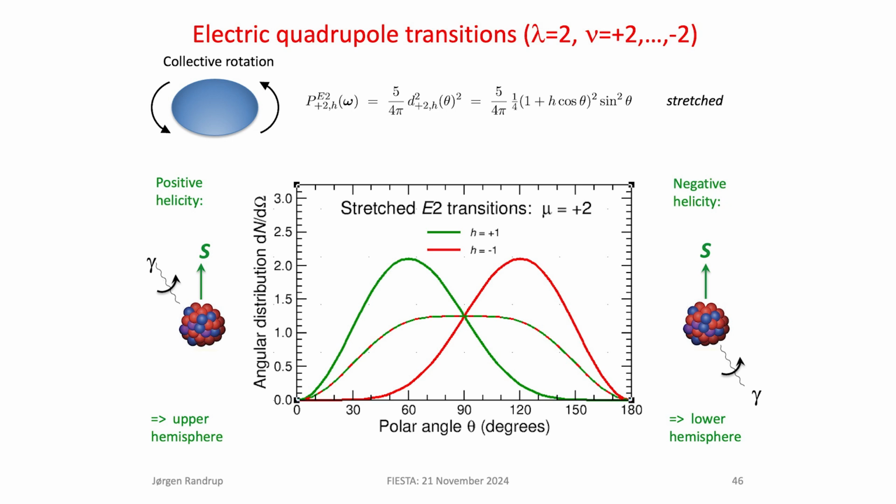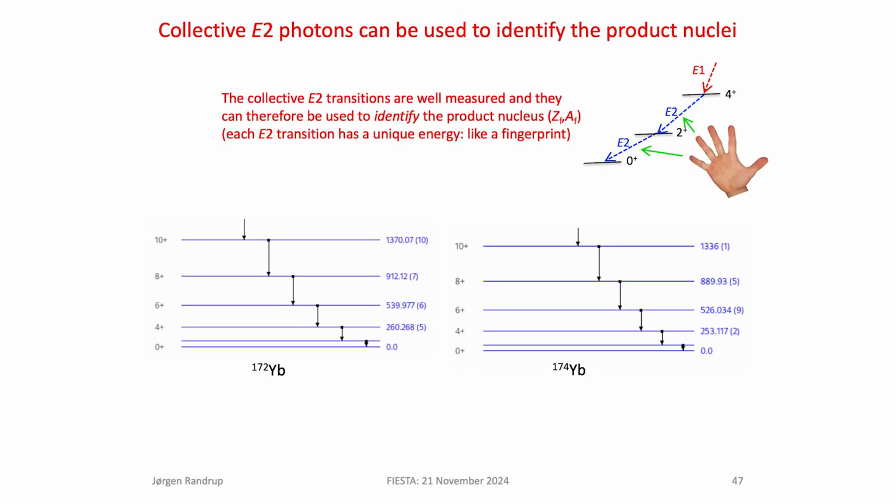So now, what are they good for? They are really good for quite a number of things. And the reason is that these collective rotational bands are rather well known, with the states and the energies and so on in lots of nuclei. So when you come down here and hit the first one and then you go this way here, there is a well-defined, well-known energy here.